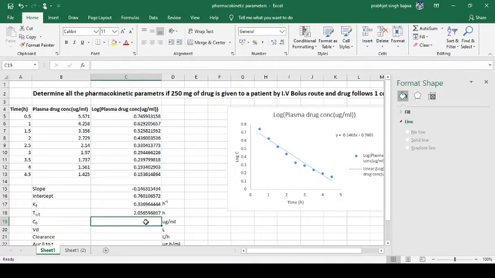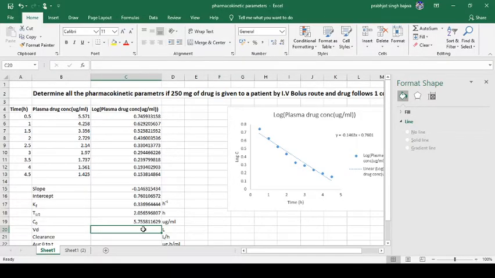So we will start by entering equal 10 raised to the power the value of intercept. So this is the value of C naught, 5.75 microgram per ml.